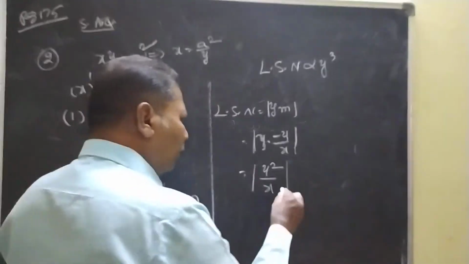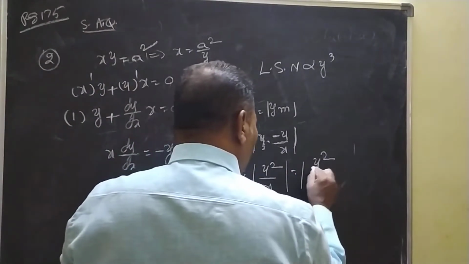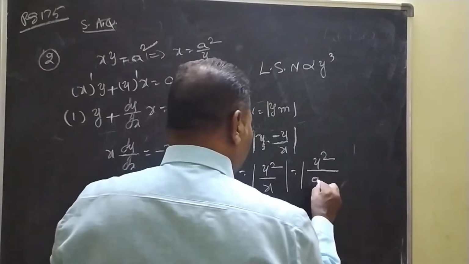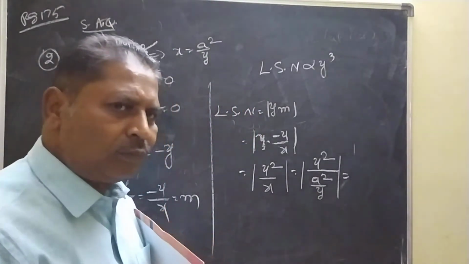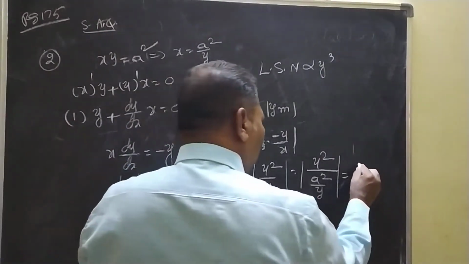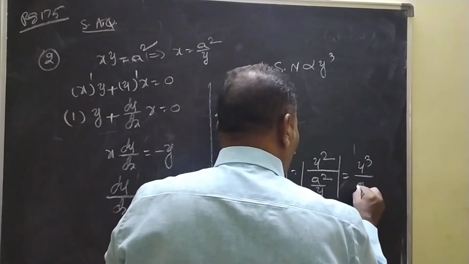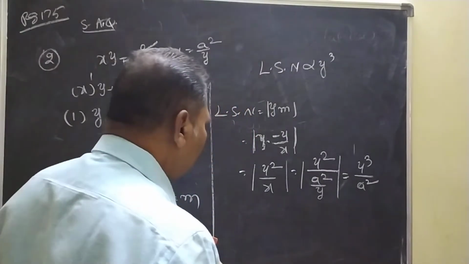So modulus of y square by a square by y. Take the reciprocal, y cube by a square.